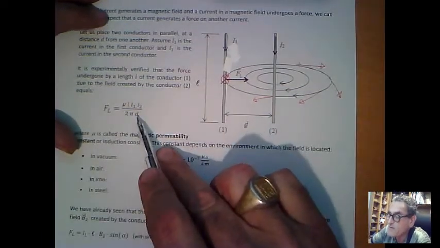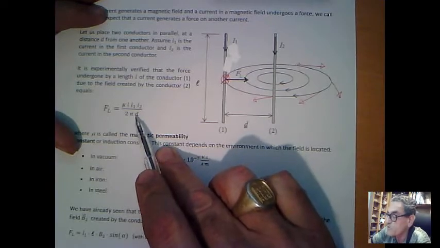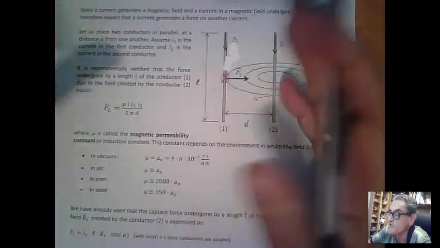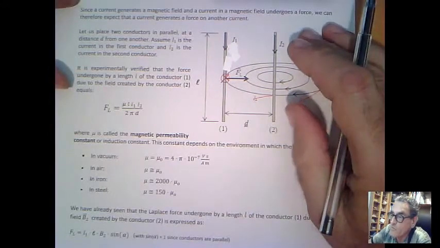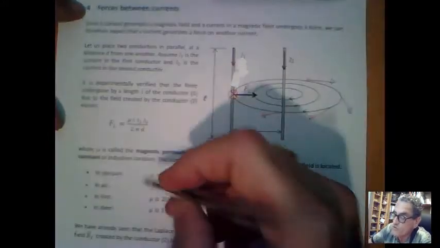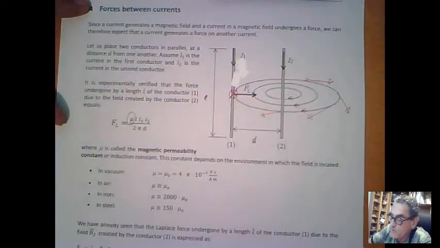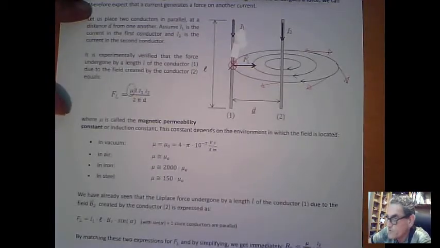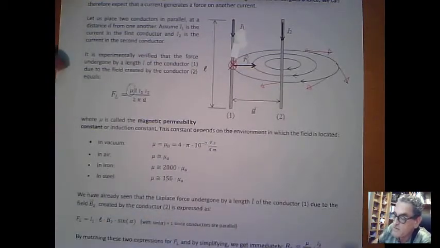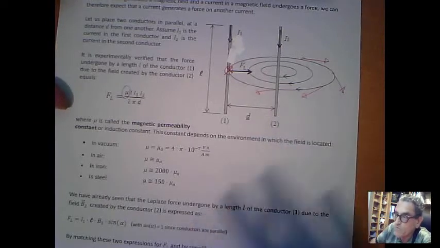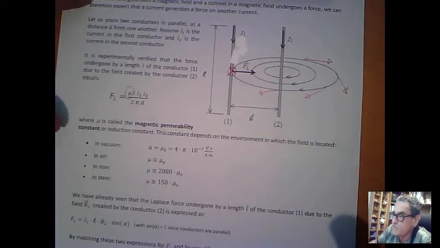And this is divided by the distance, because, of course, the force is going to decrease when you move the two conductors away from each other. And then there is a numerical factor. There is this mu which comes here. Please accept it like this. If you want me to go into details of that, it's going to take weeks.